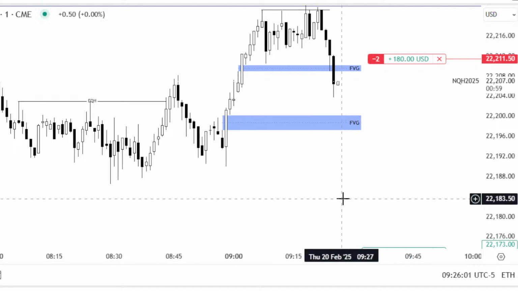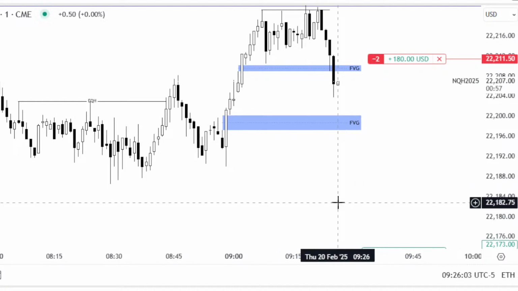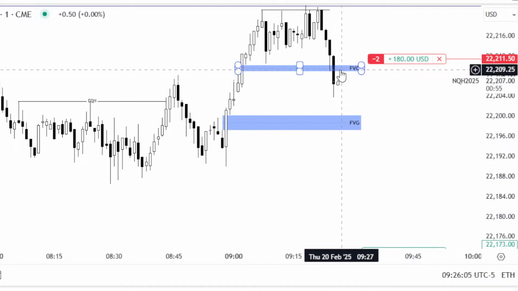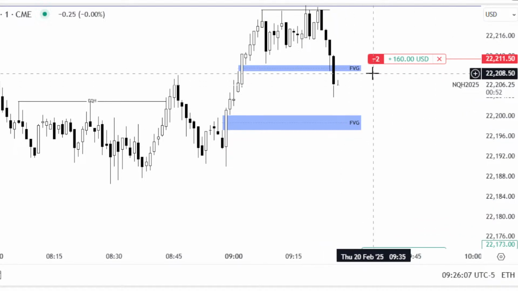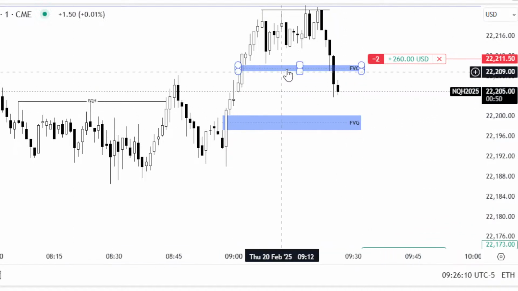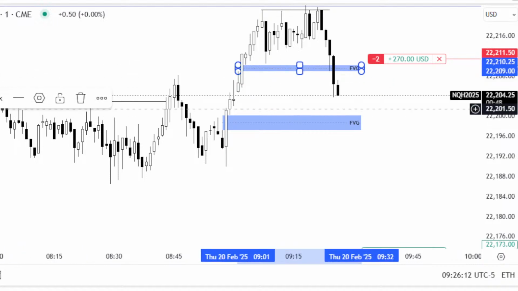Alright, so we've got 5 minutes, and this could go and test this fair value gap, which is now actually not a fair value gap anymore.